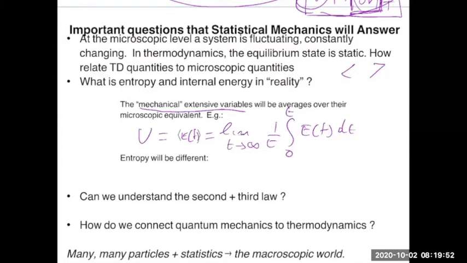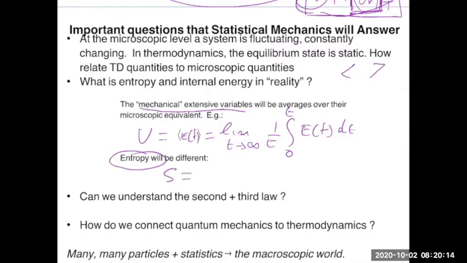The only thing that's fundamentally different is entropy. Entropy is not an average because entropy does not exist at the microscopic level. That will be the conclusion we come to. Entropy is not something you average, but entropy will be a fundamental quantity of the fluctuations themselves.